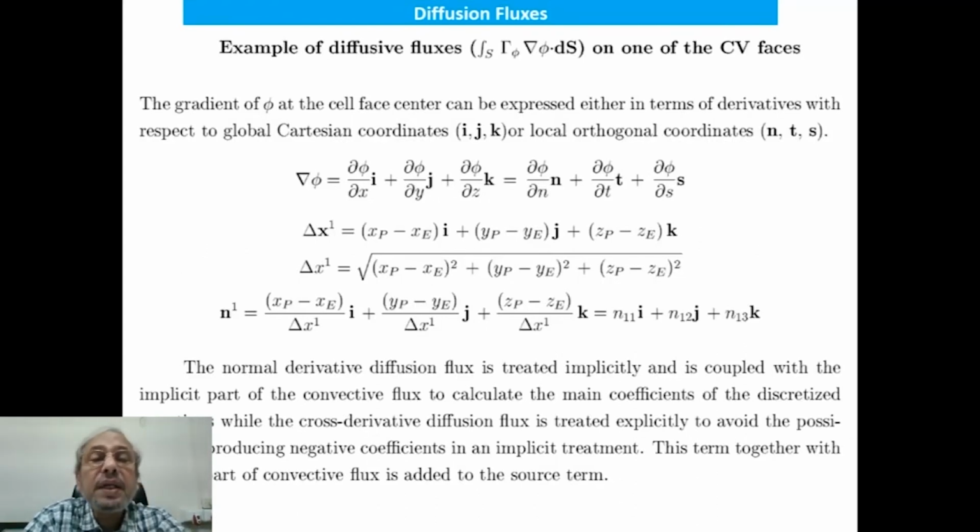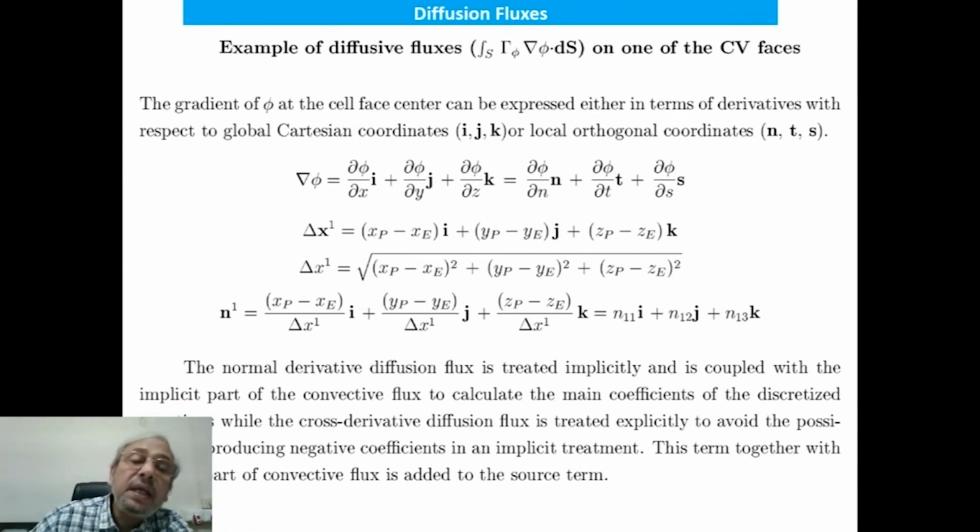Now let us examine the diffusive fluxes on one of the control volume faces. The gradient of phi at the cell face center can be expressed either in terms of derivatives with respect to global Cartesian coordinates, that is ijk, or local orthogonal coordinates nts.